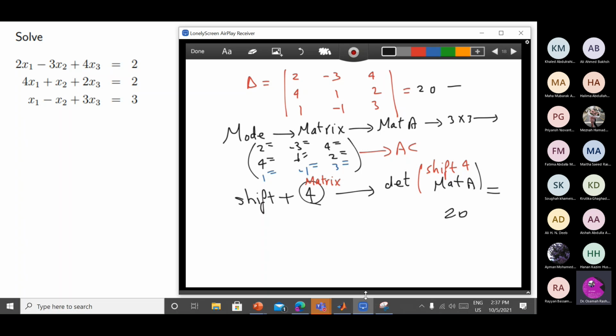Once 20 is not equal to 0, I can use any method, right? So delta is not 0.